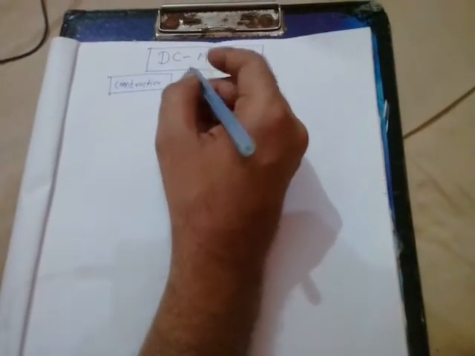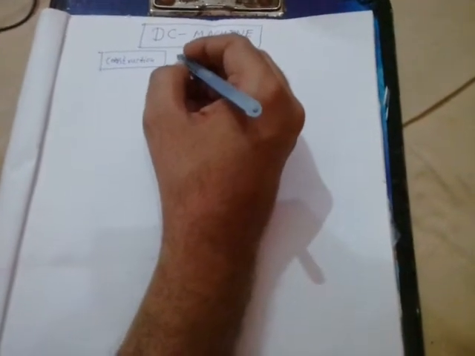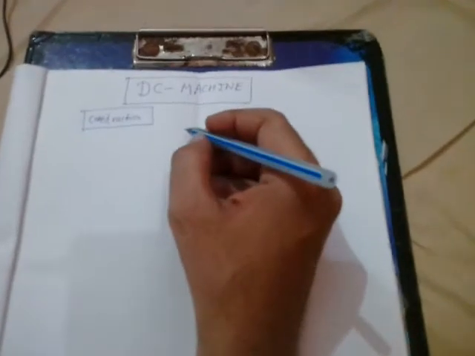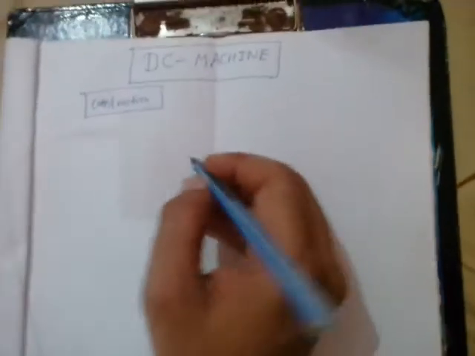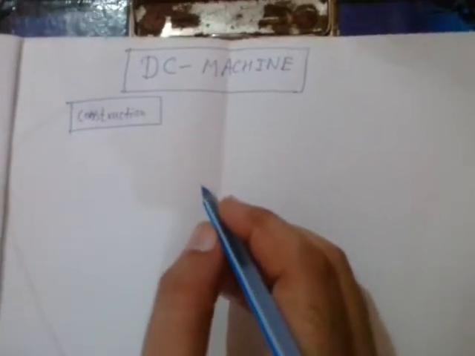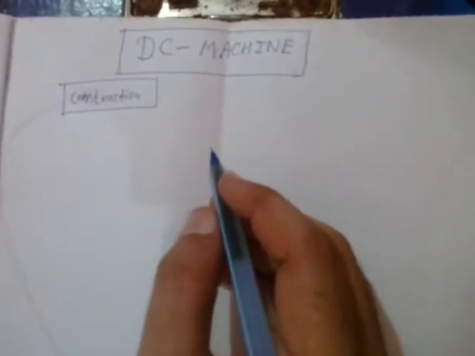As you know, every rotating electrical machine has two basic elements. One is the rotor, another one is the stator, right?